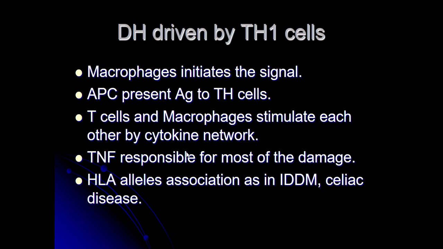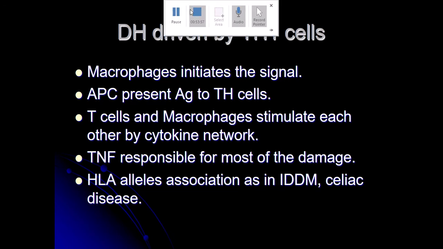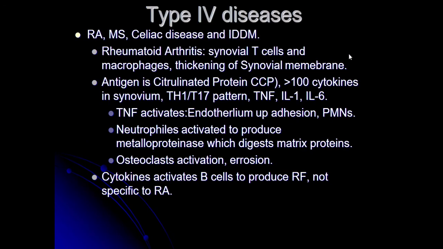There is an HLA association with those types of illnesses. So again, rheumatoid arthritis, multiple sclerosis, celiac disease, and insulin-dependent diabetes mellitus are the classical examples of type 4 delayed type hypersensitivity reaction.